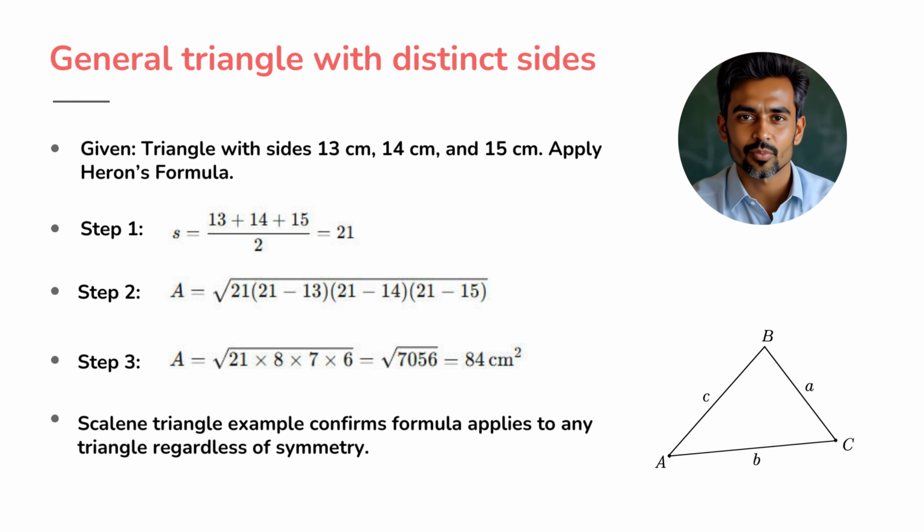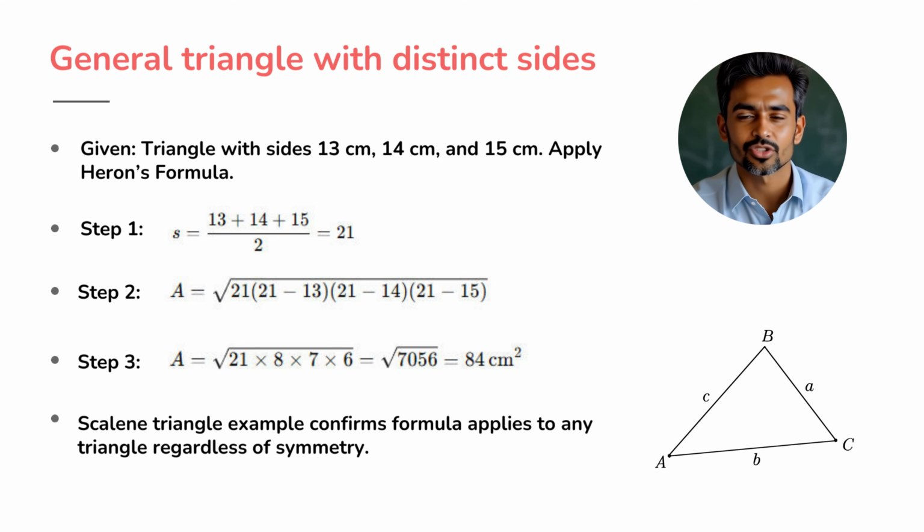Step 2. Plug into Heron's formula. Area equals square root of 21 times (21 minus 13) times (21 minus 14) times (21 minus 15). Simplify inside the brackets. 21 minus 13 is 8, 21 minus 14 is 7, and 21 minus 15 is 6.